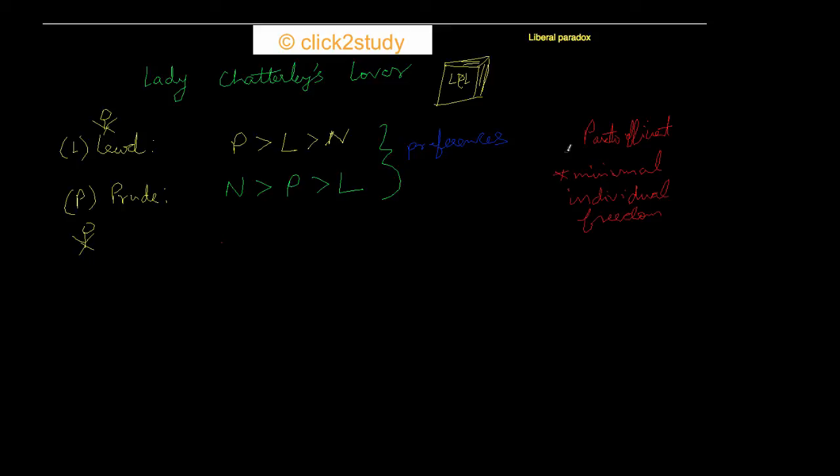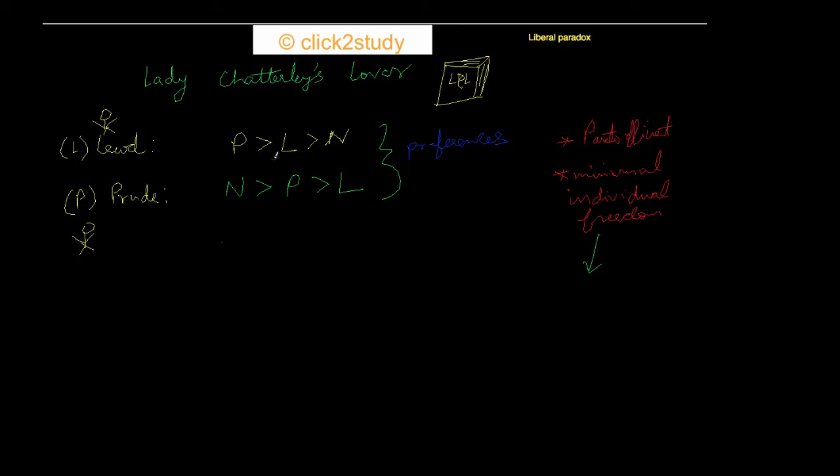We saw what Pareto efficient was, so I'll talk about what individual freedom is. In this case, let's say individual freedom means that if we talk about an individual, Lewitt or Prout, and the choice is between that guy reading the book and nobody reading the book, right?